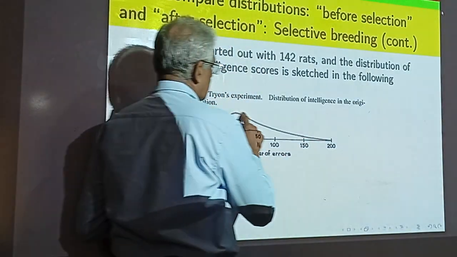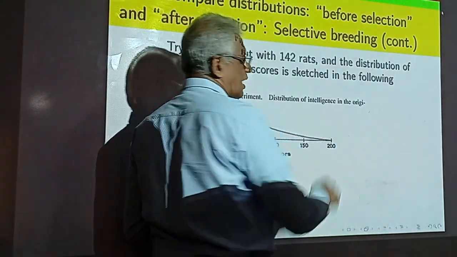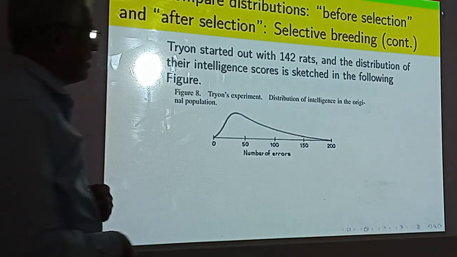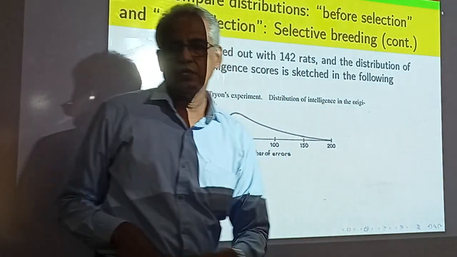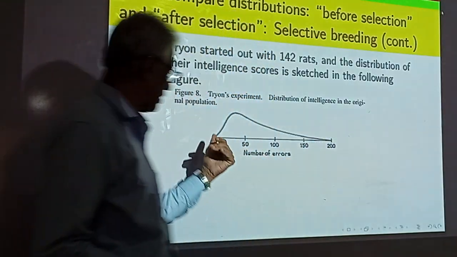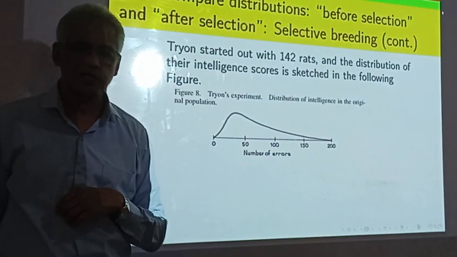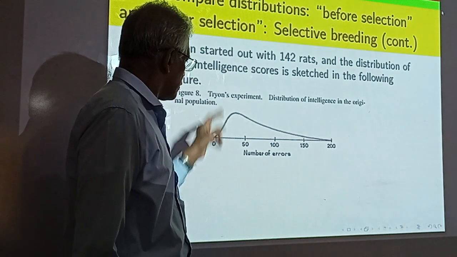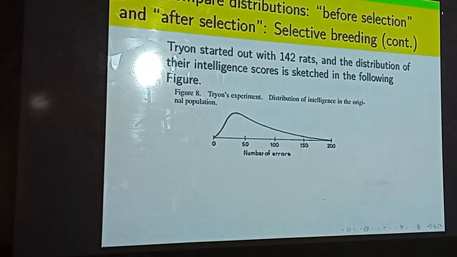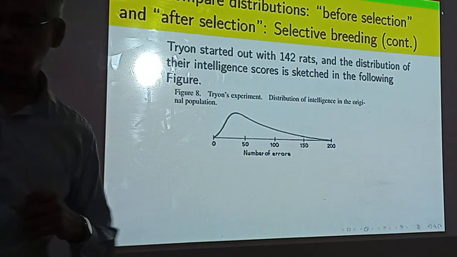This side is called the tail of the distribution. When the tail is to the right side, we call it right skewed. On a number line, this direction is the positive direction and this direction is the negative direction. So this kind of shape is also called positively skewed, positive skewness, or right skewness.